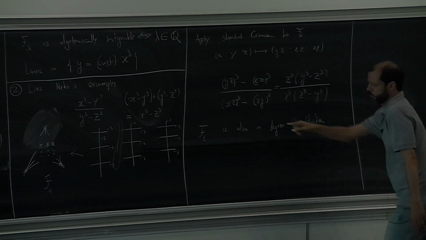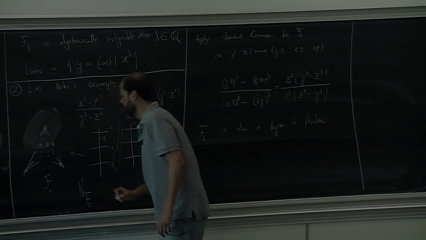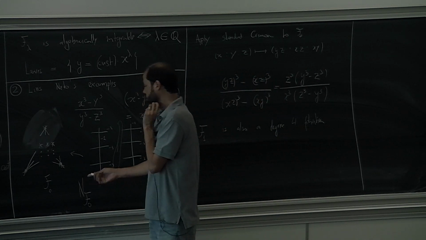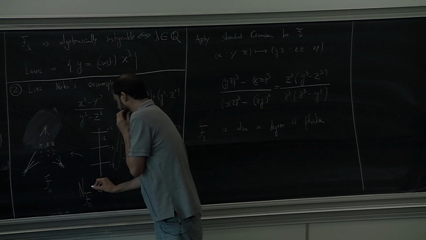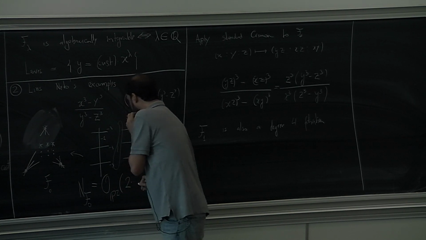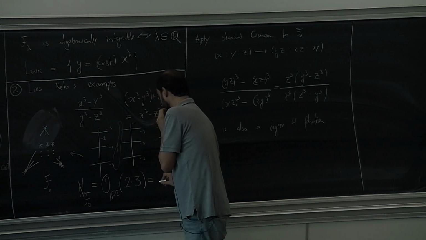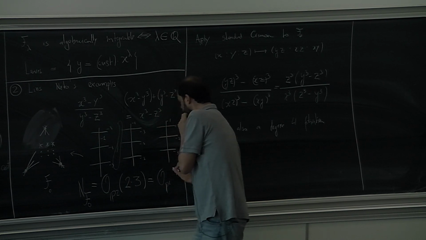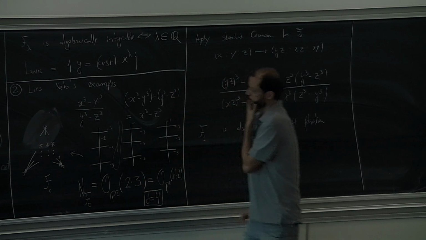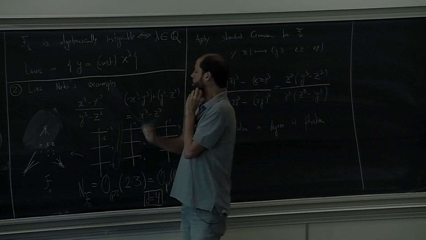Let me just check here that the degree is actually 4, right? What's the normal bundle? The normal bundle is just O_P2 of 2 times the degree of the fiber. So D is equal to 4, right? As there are no multiple components in the other fibers.